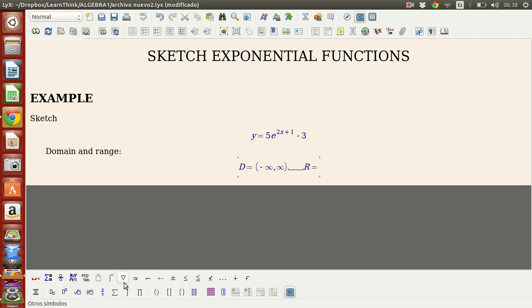So we know that one of the boundaries of the range is minus 3.